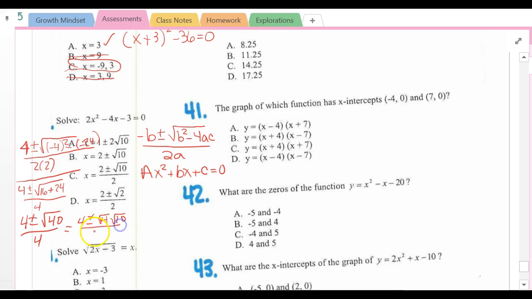And what is the square root of 4? It's 2. And so now these all have something in common. The 4, the 2, and the 4 all have something in common, and that is a 2, so I can reduce all of that by 2. So this becomes 2 plus or minus square root of 10 over 2. And that is C.